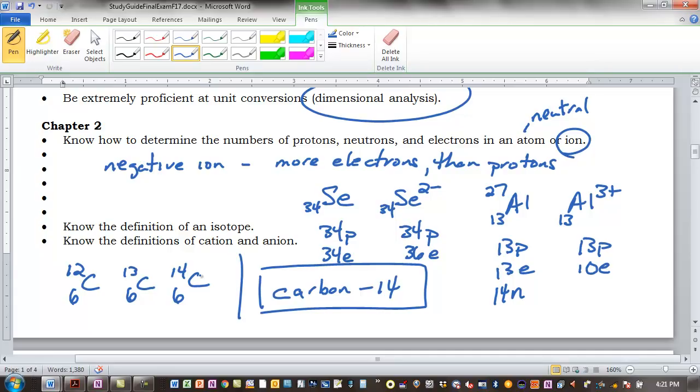But those are isotopes. We actually did talk, we didn't use the names cations and anions, but everybody knows what those are. Cats are positive. Yes, okay. So cation, positive ion, anion, negative ion.